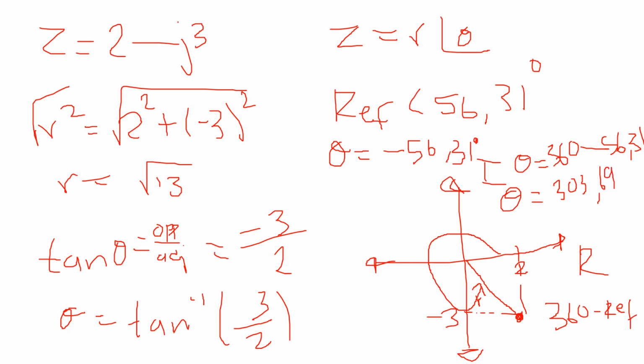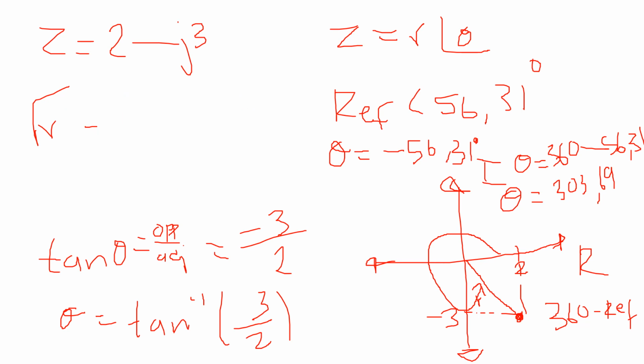Okay, so now you can represent your complex number in polar form as z is equal to, what is the value of r? The value of r we got is square root 13, if you still remember.